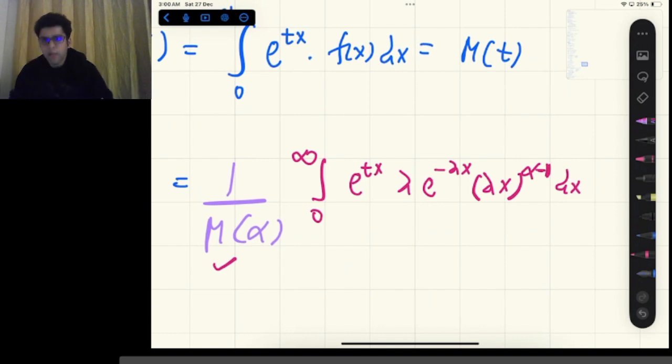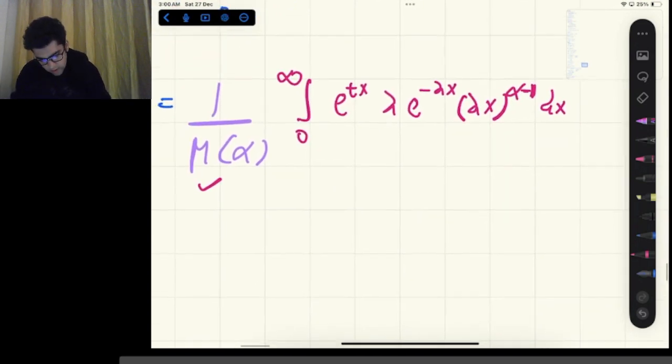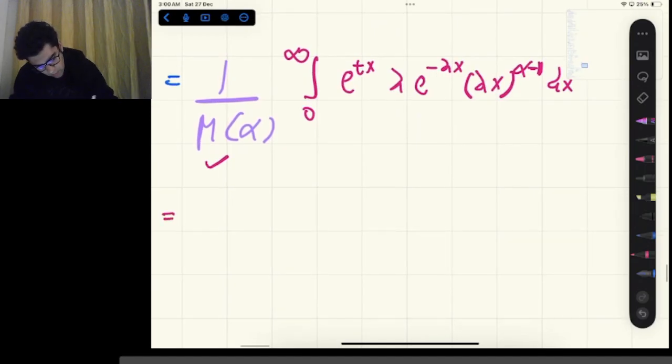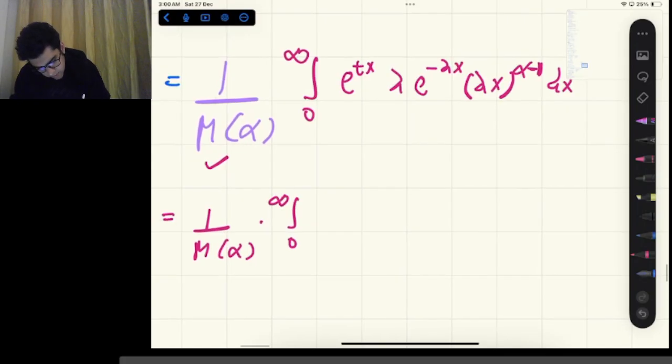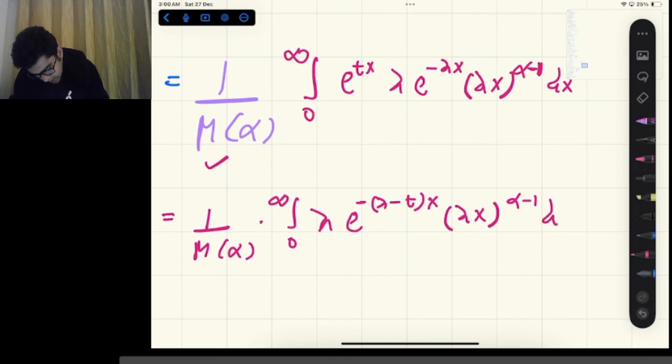Now with e to the power tx, this finally becomes lambda e to the power minus lambda minus t into x, lambda x to the power alpha minus 1 dx.